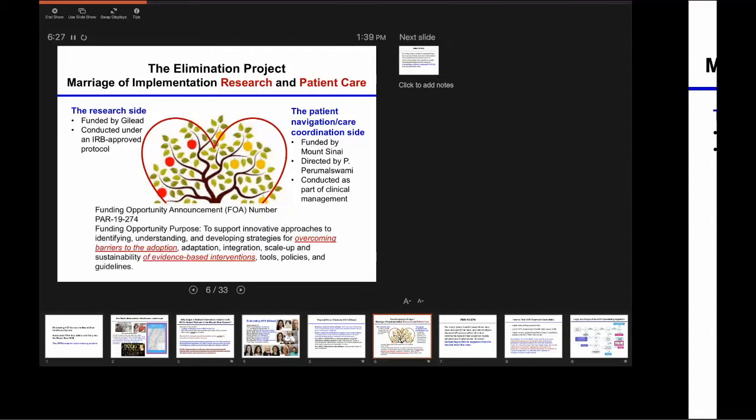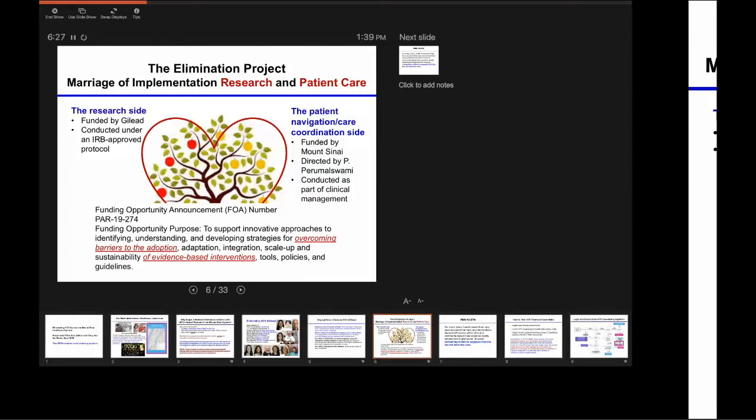I just wanted to mention, if people are interested in research funding, this particular announcement supports innovative approaches to identify, understand, and develop strategies for overcoming barriers to the adoption and sustainability of evidence-based interventions. People have always thought if we had great cures, people would be cured.